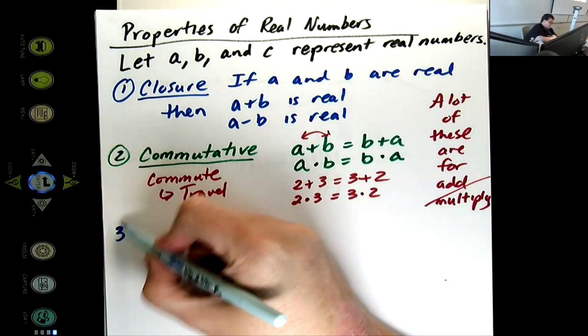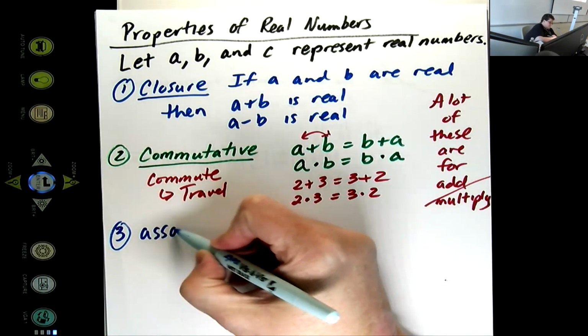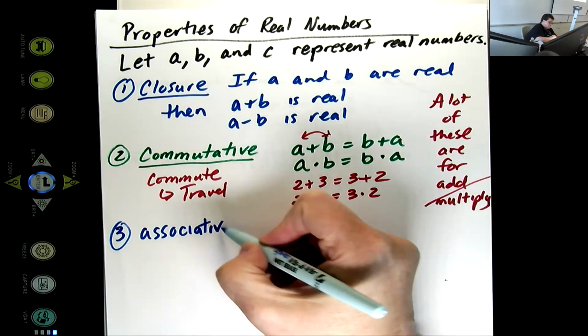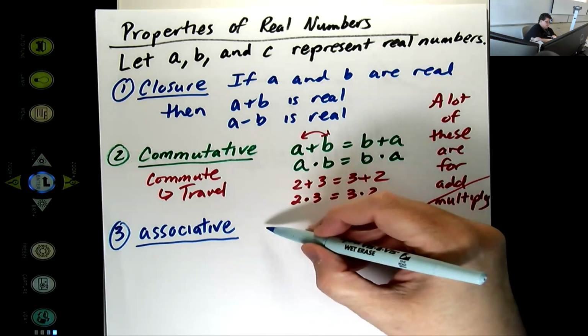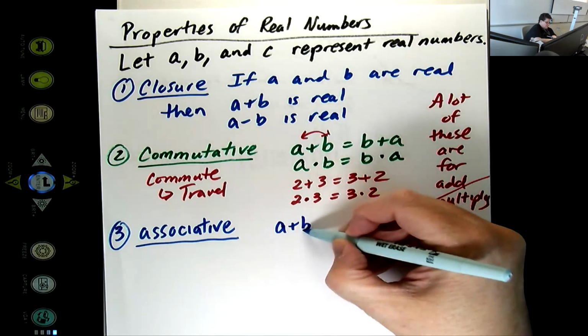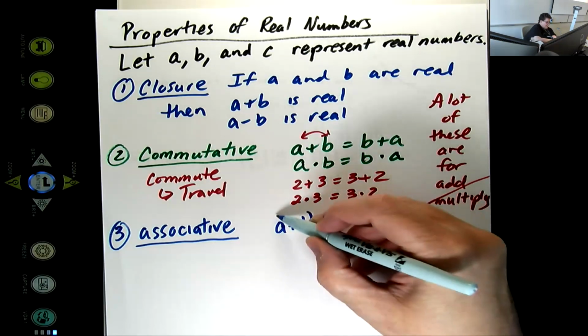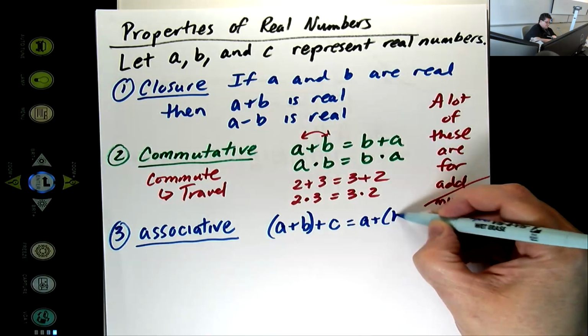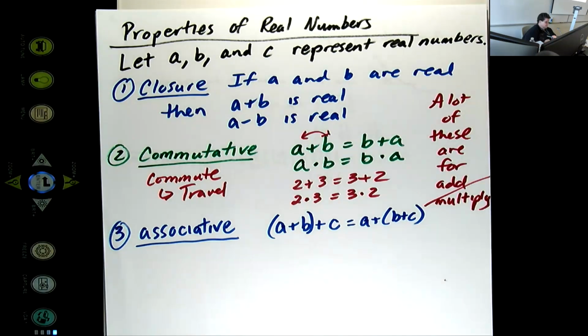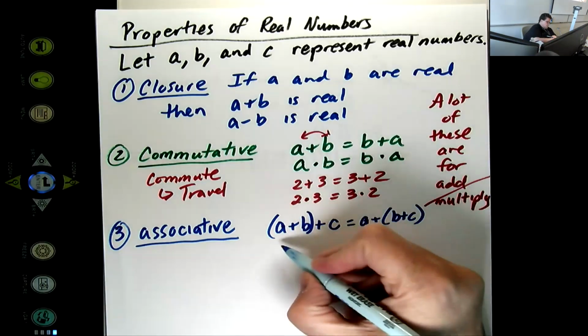Number 3 is the associative property. A plus B plus C. We can add A and B together first, or we can add B and C together first. The same works with multiplication.